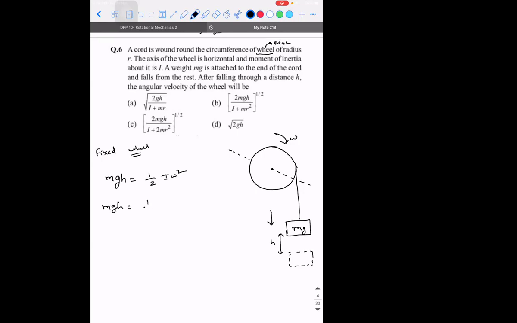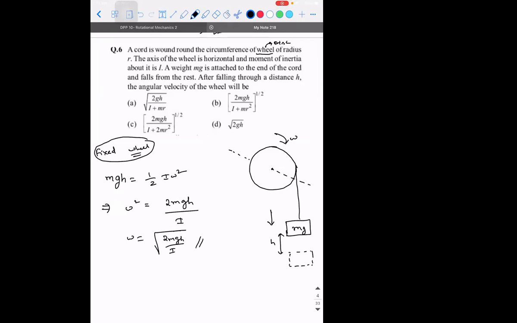So mgh would be half I omega square. Then we will get the answer in one step. So omega square is equal to 2mgh divided by I. So omega will be equal to root of 2mgh divided by I. Are you guys able to understand? Had it been a fixed wheel.